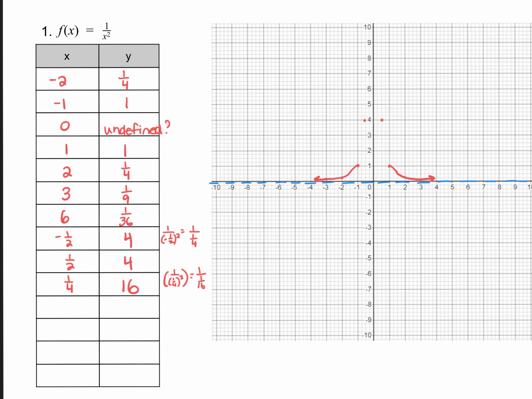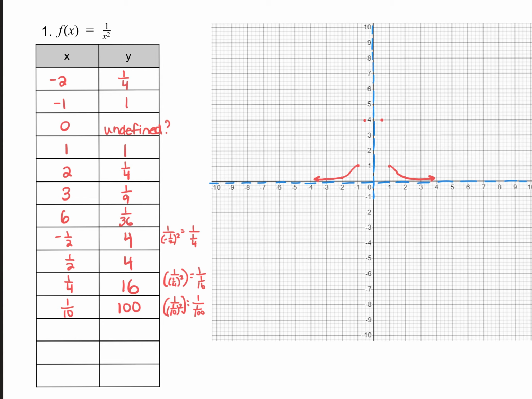If I plugged in something like 1/10, I'm going to get 1 over (1/10) squared, which is 1 over 1/100, which ends up being 100. Now we know we can never reach x = 0. So that's another indication that we've got another asymptote here.